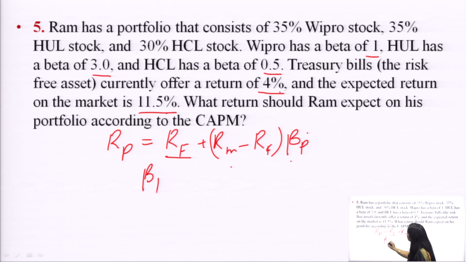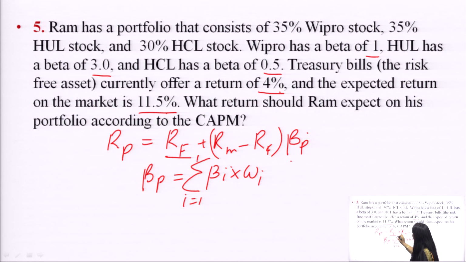So, we will calculate beta P by using the betas of Wipro, HCL and HUL. We will take individual betas and multiply them by their respective proportions. Using this equation, as I have earlier taught, we can calculate beta P, and then we can find out the return and the risk of this particular portfolio as per the CAPM model.